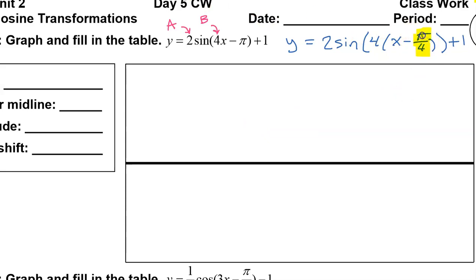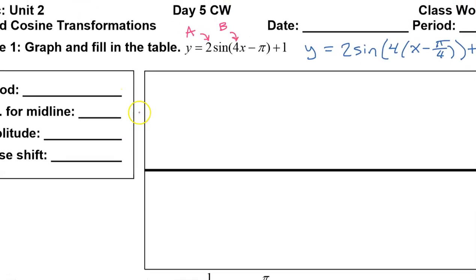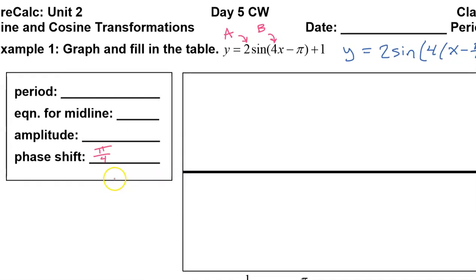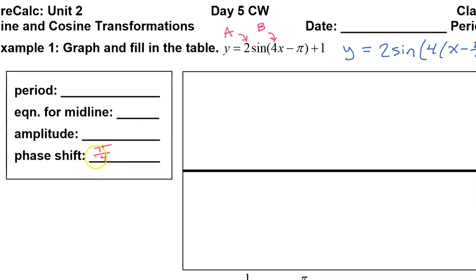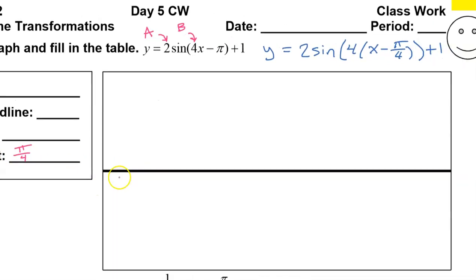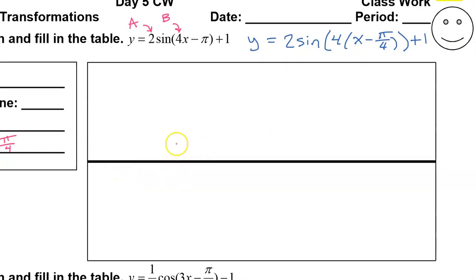It's the pi over 4. The phase shift is always going to be the opposite of what you see. If I have a minus pi over 4, that means that the phase shift is pi over 4. If this were a plus pi over 4, the phase shift would be a negative pi over 4.